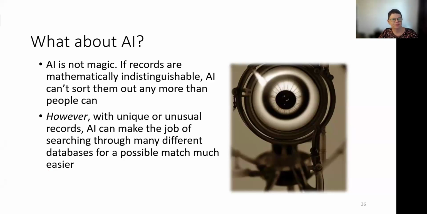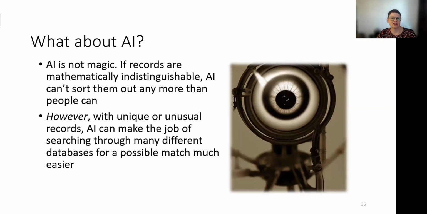On the other hand, artificial intelligence is not magic. If records are mathematically indistinguishable, if your data is a small sample, if it meets k-anonymity, if you've really thought about all the possible quasi-identifiers and have made sure that the people in your data are all mathematically indistinguishable from each other, then AI can't sort them out any more than humans can, because people can be intelligent too.